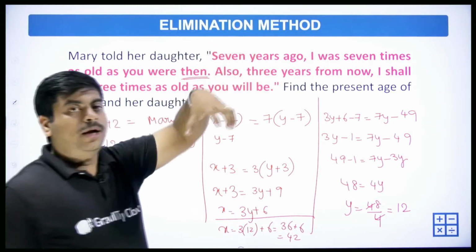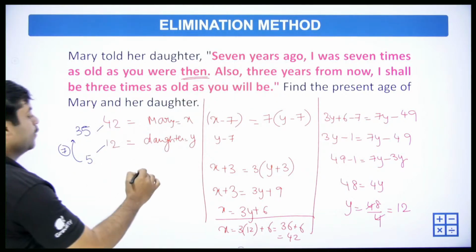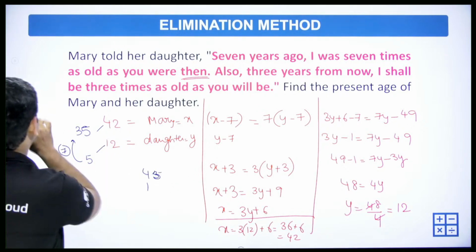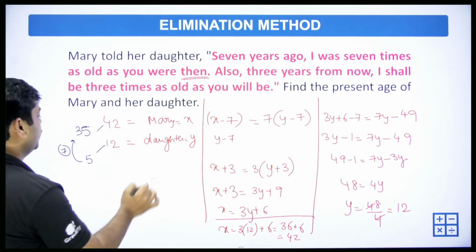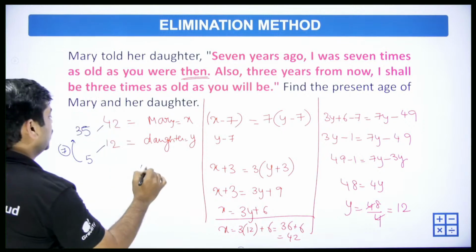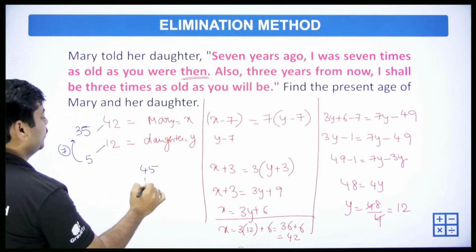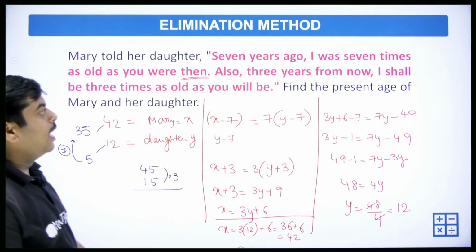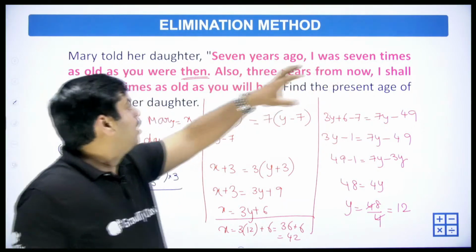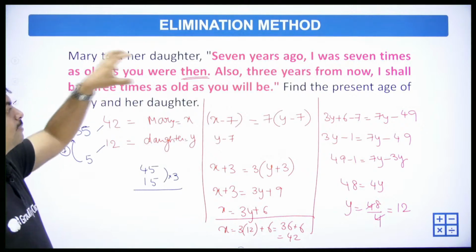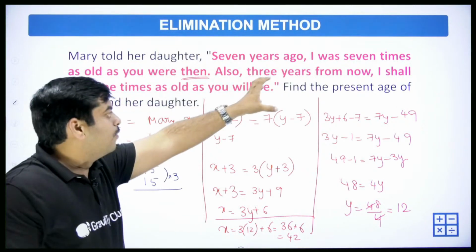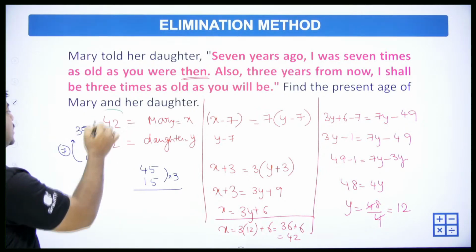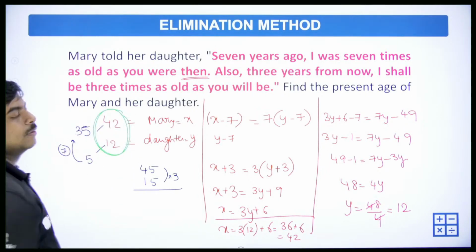Also, 3 years from now, 42 will become 45 and 12 will become 15. So yes, 15 times 3 is 45. Right? Also 3 years from now, I shall be 3 times as old as you will be. Find the present ages of Mary and her daughter. The present ages are 42 and 12.